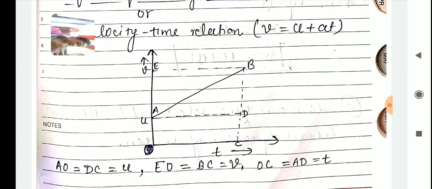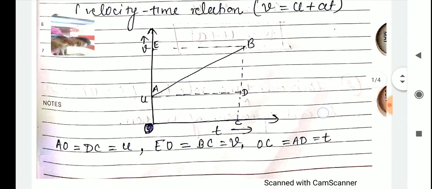Very first, the object has initial velocity zero, starting from rest, and the second condition is that the object has some value of initial velocity. So now we are going to take the second condition, that is, the object has some initial velocity, and after that it moves with constant acceleration.